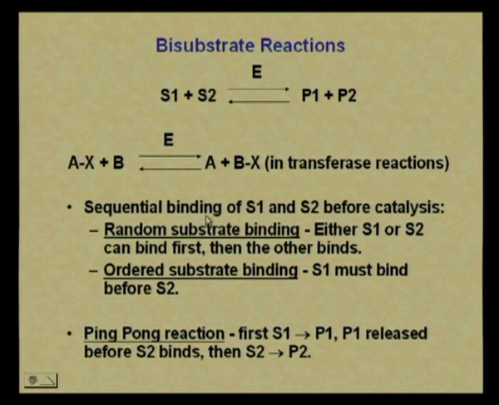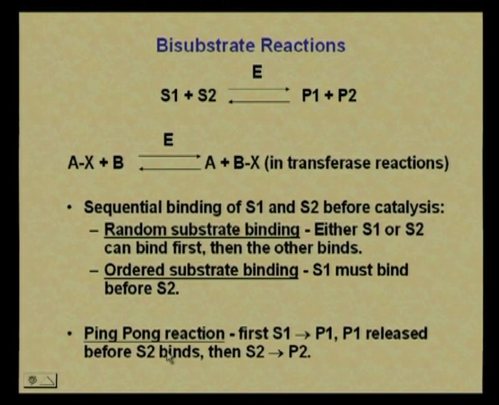Again, we can have sequential binding, where S1 and S2 are going to bind randomly in any order, it will not matter, or we could have ordered binding, where S1 has to bind before S2 for the products to form. Okay? So, you are basically mixing up E and S1 first, then S2 binds into that complex, where you have a complex with E, S1, S2, which is then going to form the products. Okay? So, this gives us sequential binding.